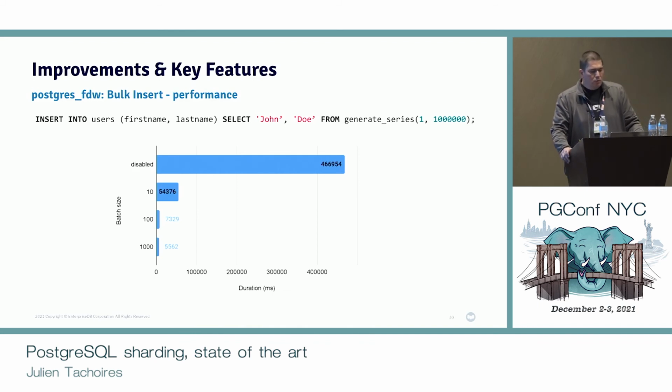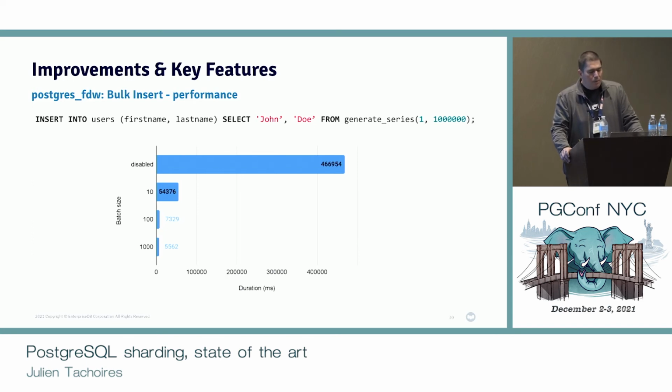To highlight the benefits in terms of performance, let's measure the execution time of the following query that is going to insert 1 million rows into the users table via the coordinator node. Without bulk insert, execution time is 466 seconds.